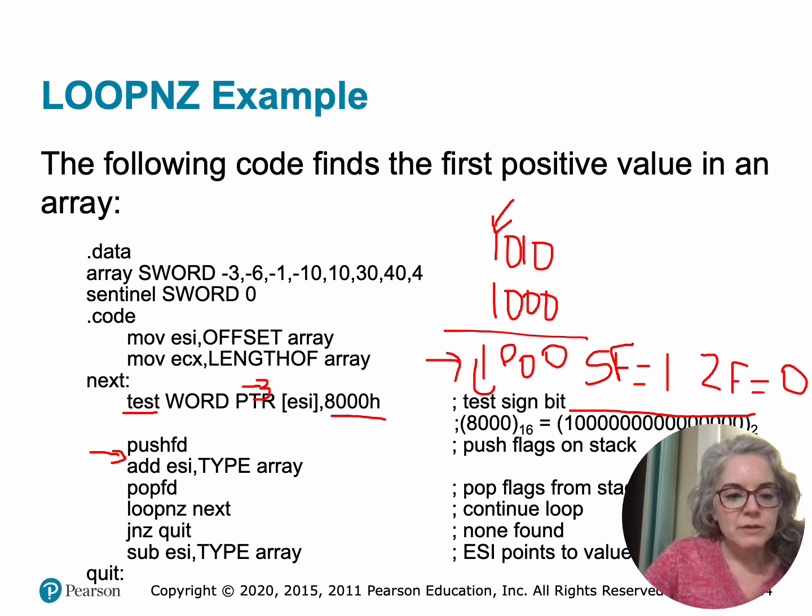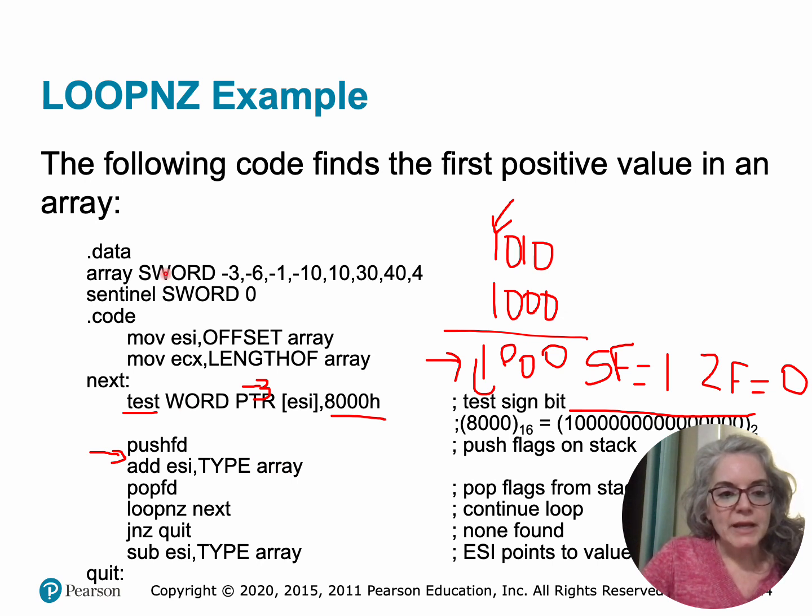We are going to now do an add, and when we do the add, what we're doing is adding to the ESI register, and all that does is it takes us to the next number, to the -6. It moves us over to the -6, because type array is the size of the array element.